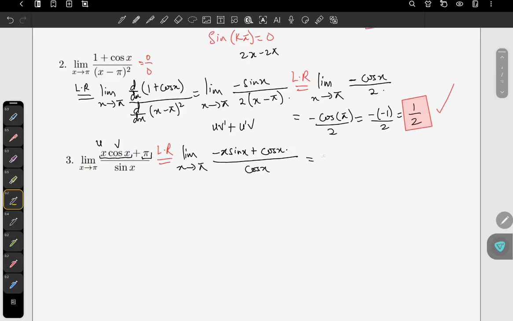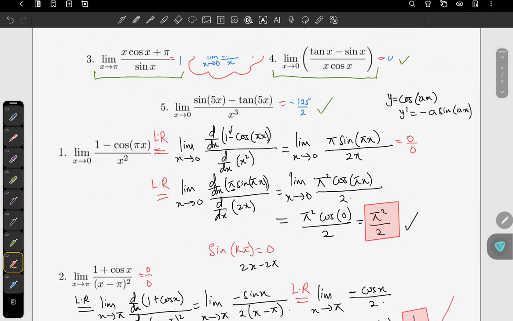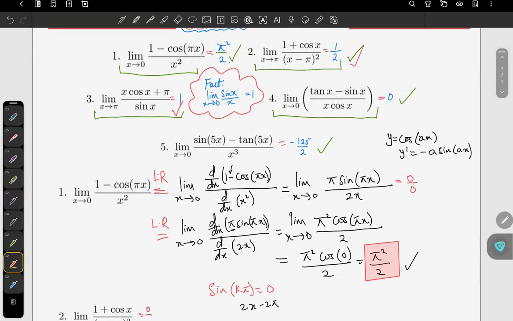So that will be minus pi times sine pi plus cosine of pi over cosine of pi, which is equal to, we know that sine pi is 0, so this is 0, plus cos pi is negative 1 over cos pi, which is negative 1. That is negative 1 over negative 1, which is equal to 1. Yes, I think that is what we got in the first place as well. Good. Number 4.